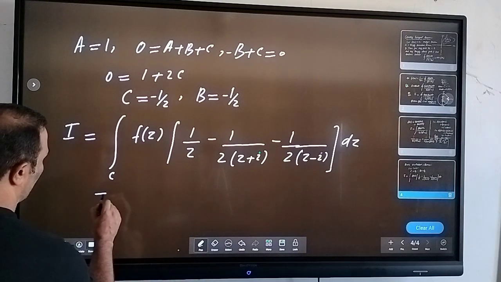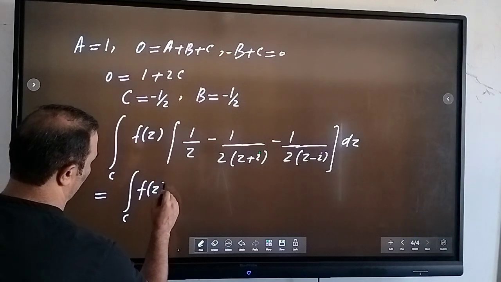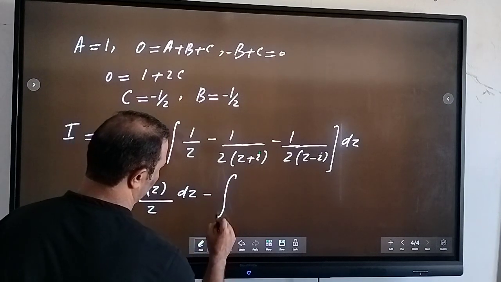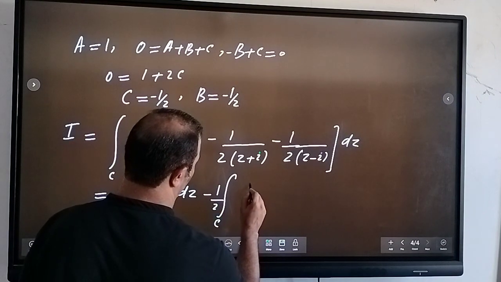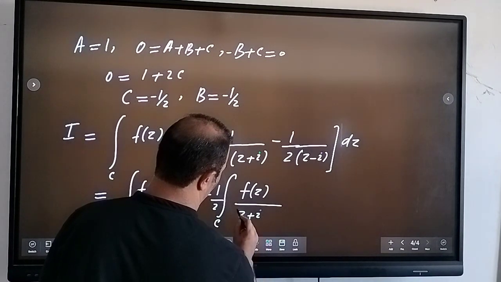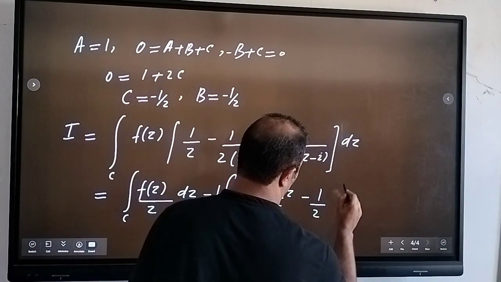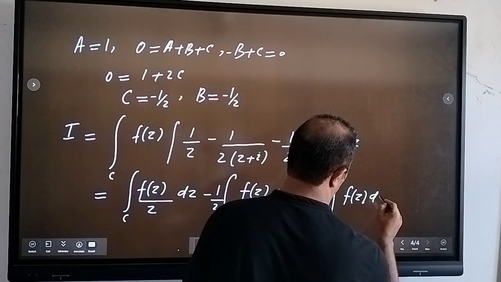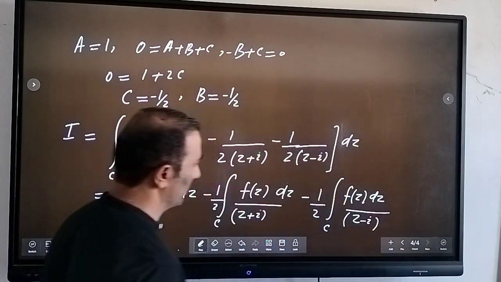So this integral will be equal to, so we can write this as... Okay.